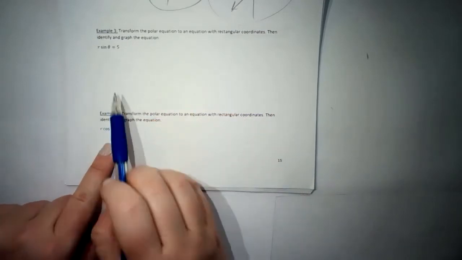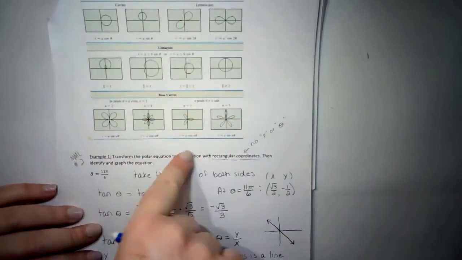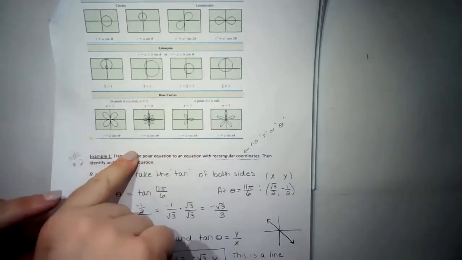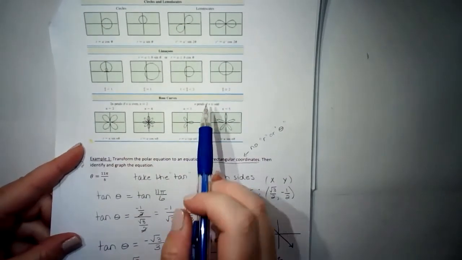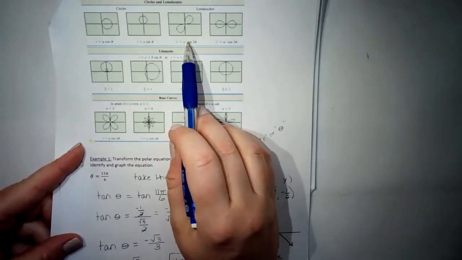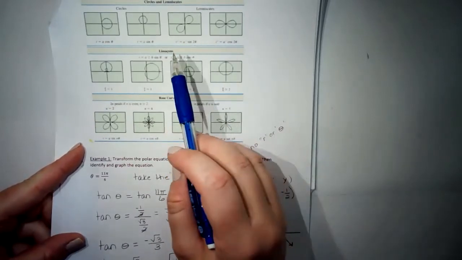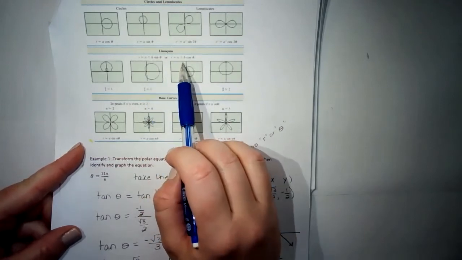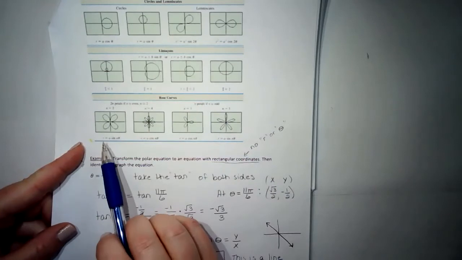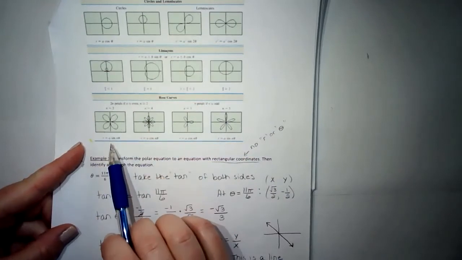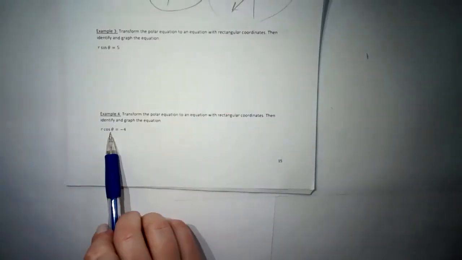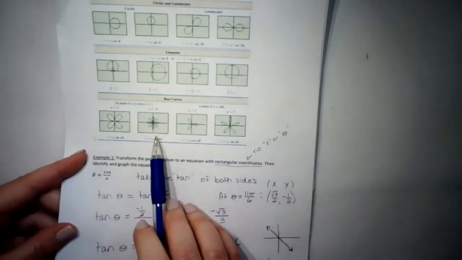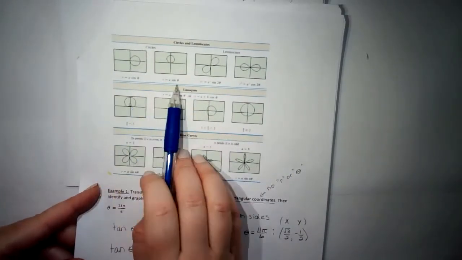Okay, well, if we look at these guys and we look back at our little chart here and we try to compare their equation with one of these equations, we know it's not r squared, so we know it's not a lemniscate, okay? Let's see, we don't have a number added or subtracted, so it's not a limaçon. There's no number in front of theta other than a 1, so it's not a rose, which leaves us with just a circle.